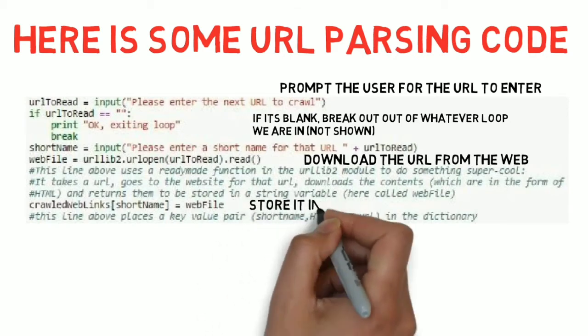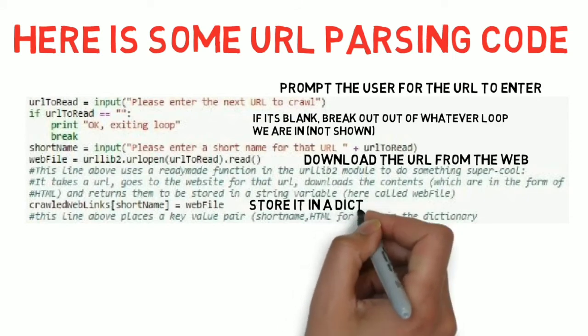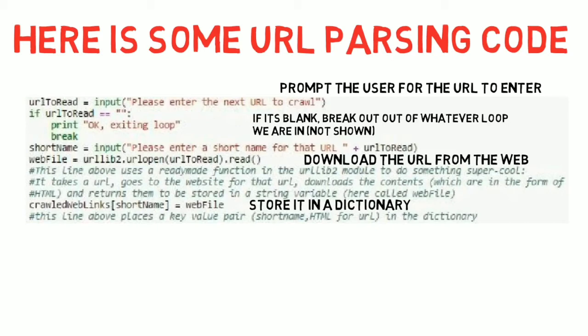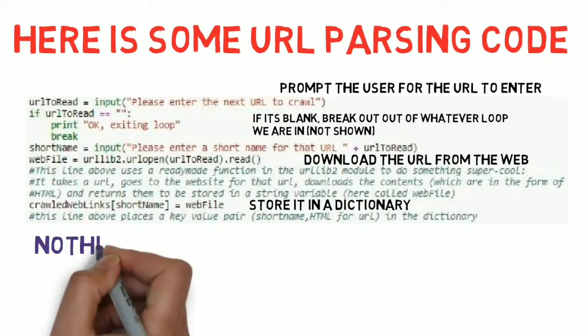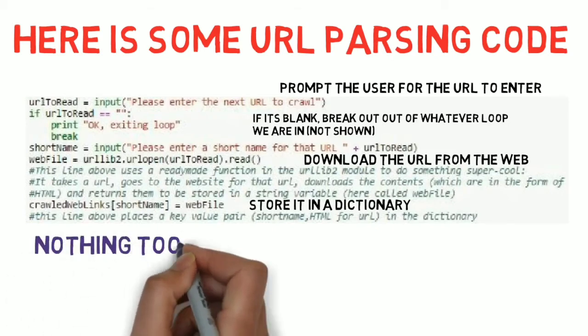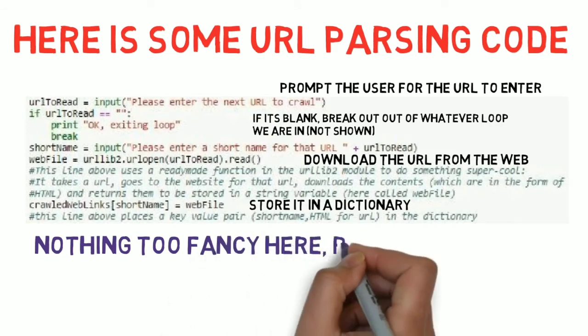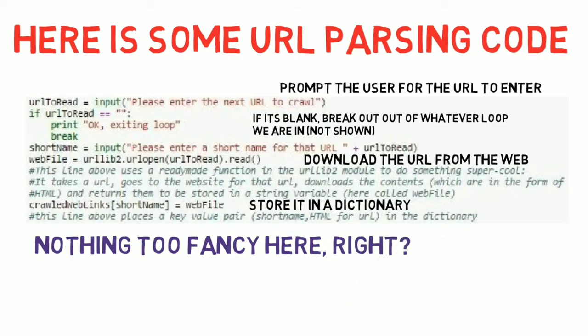Then you download the URL from the web using this urllib2 library. Whatever you have downloaded, you store it in a dictionary. There's nothing too fancy here.